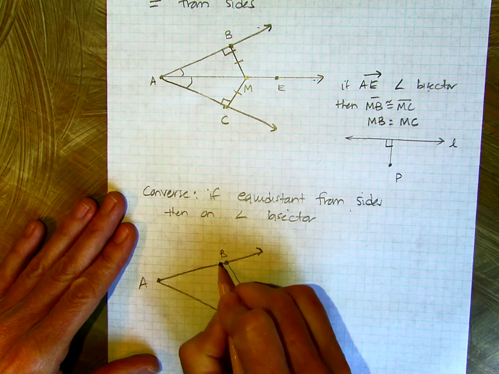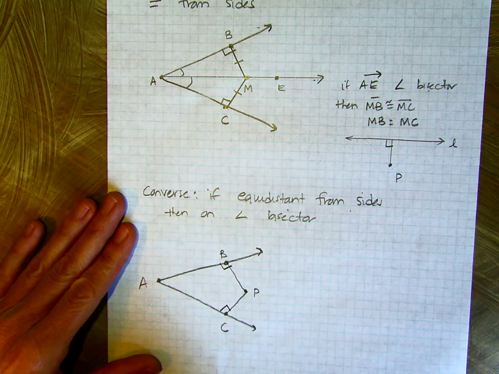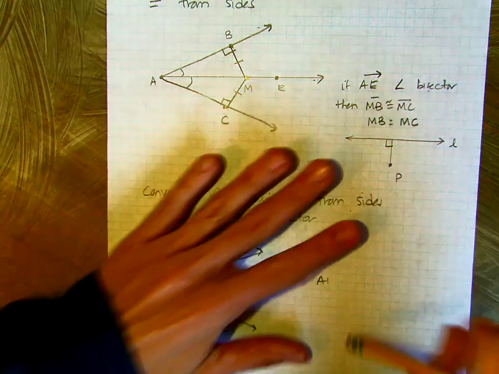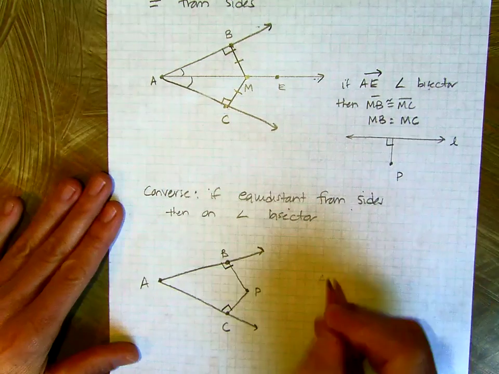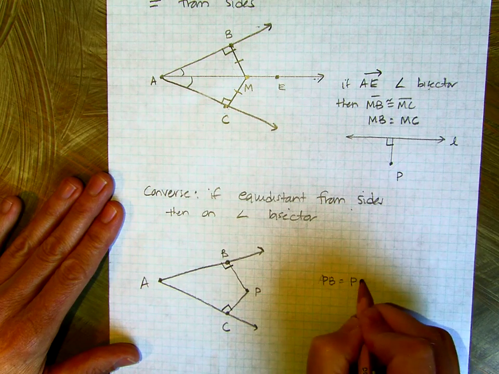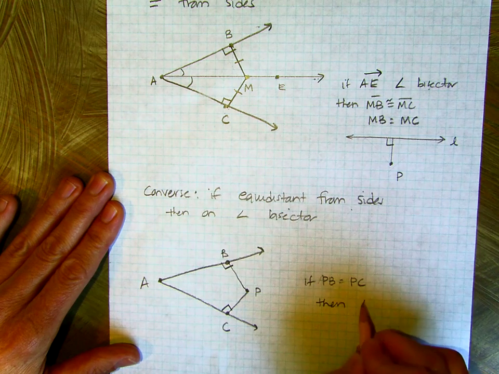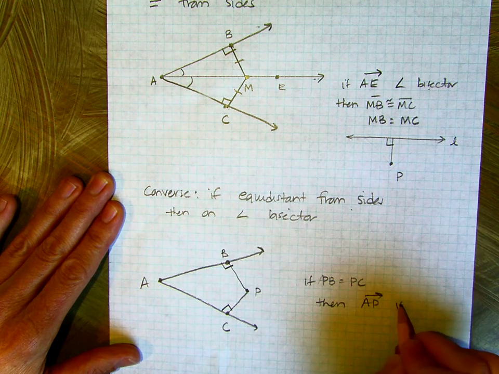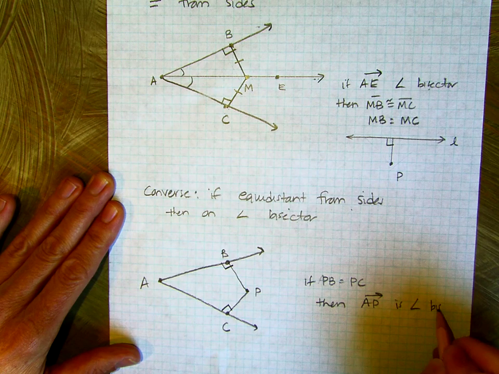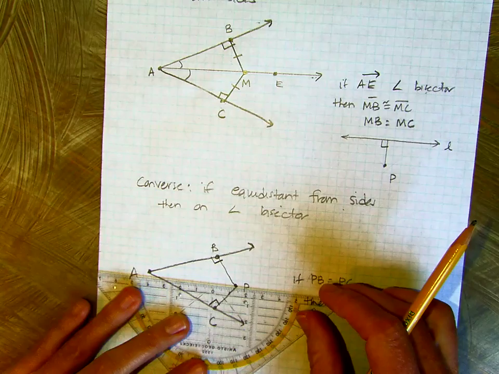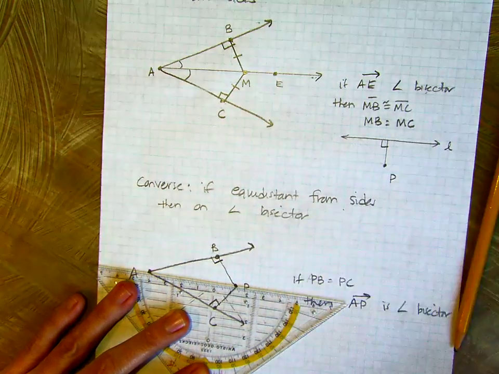If I know some point, and again, make sure that I'm measuring this perpendicular. I tell you that PB is equal to PC, then you can conclude that AP is an angle bisector.